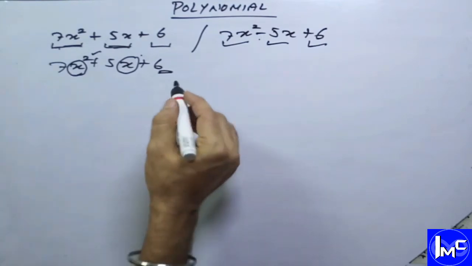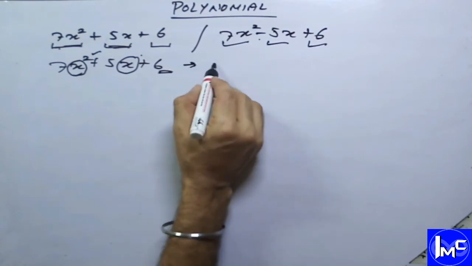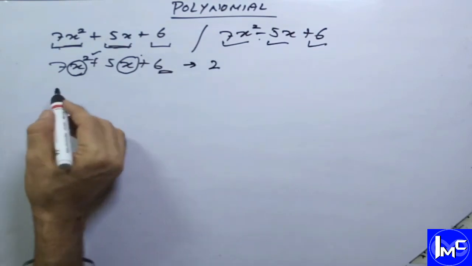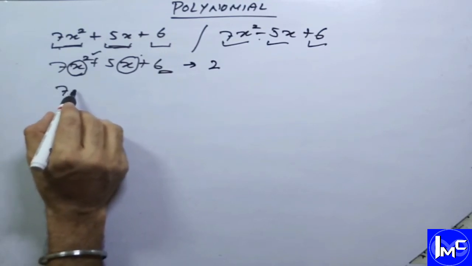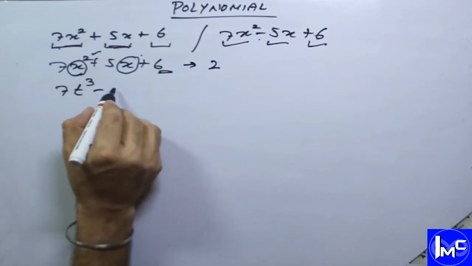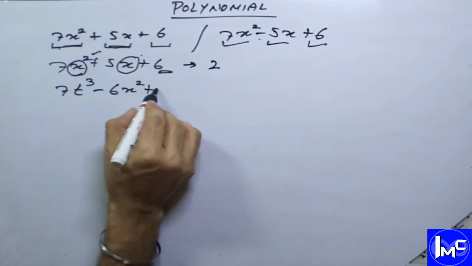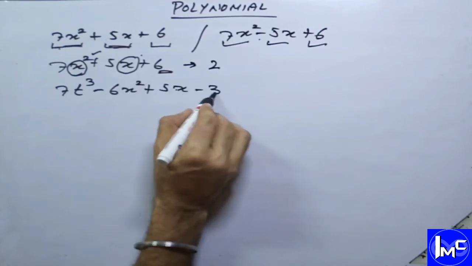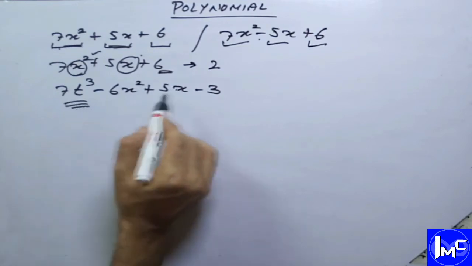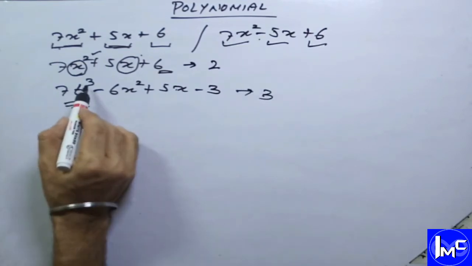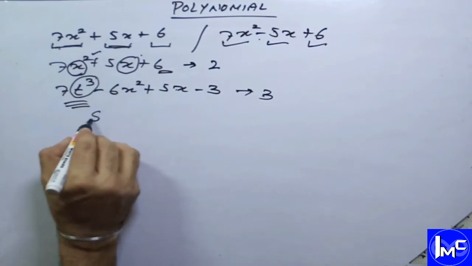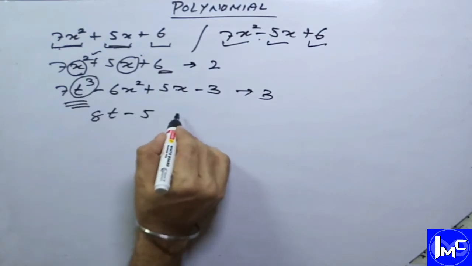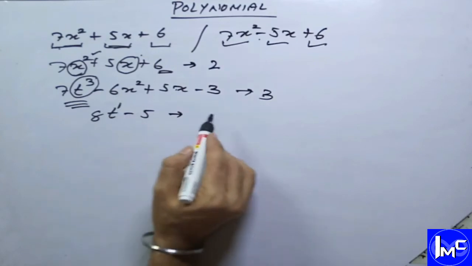So the degree of this polynomial will be 2. If I take another polynomial, let us say 7t cube minus 6x square plus 5x minus 3, then the degree of the polynomial will be 3 because its highest power is 3. If I take 8t minus 5, then the degree of the polynomial is 1.